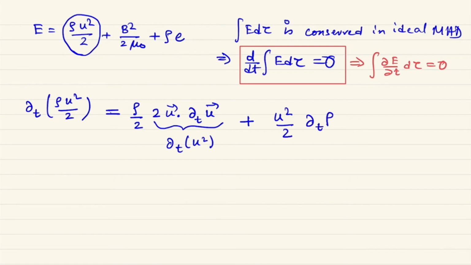If you remember the expressions of these quantities, for example this one, you will see that the 2 and 2 will go away, and we get rho u dot, within the bracket.